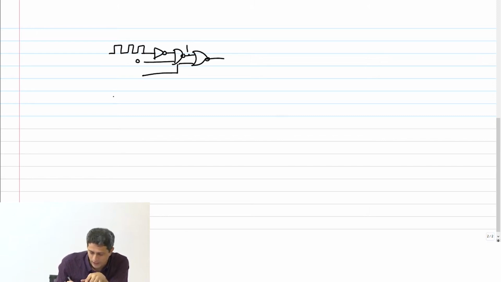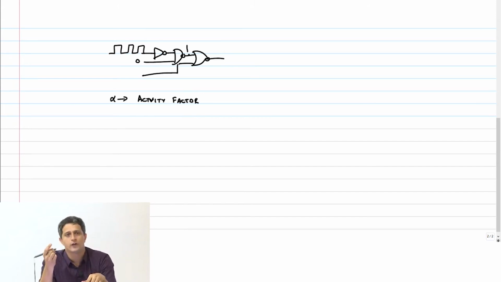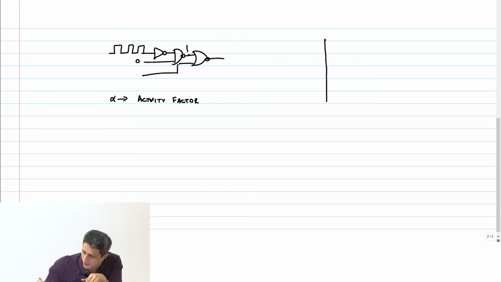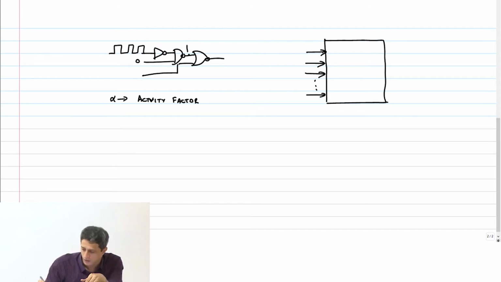There are so many things that it depends on. And therefore, we define something known as an activity factor. How often does this node switch for a given circuit? So for example, if I have a circuit with n inputs, I1, I2, up to IN, and outputs O1, O2, up to ON.